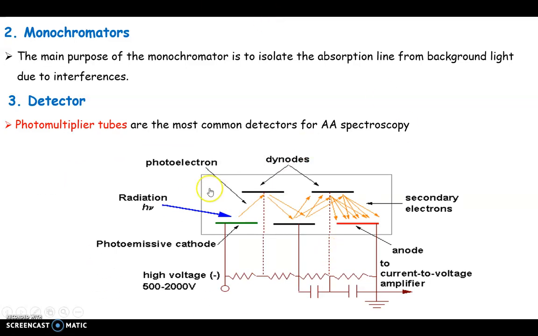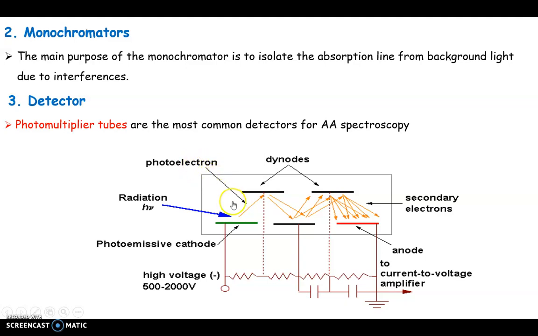As far as photomultiplier tube construction is considered, it consists of a photoemissive cathode and an anode. The inner surface of this photoemissive cathode is coated with photosensitive materials such as calcium oxide, potassium oxide or silver oxide. When the radiation falls on the surface of the photoemissive cathode, the photosensitive material liberates an electron which is called a photoelectron.